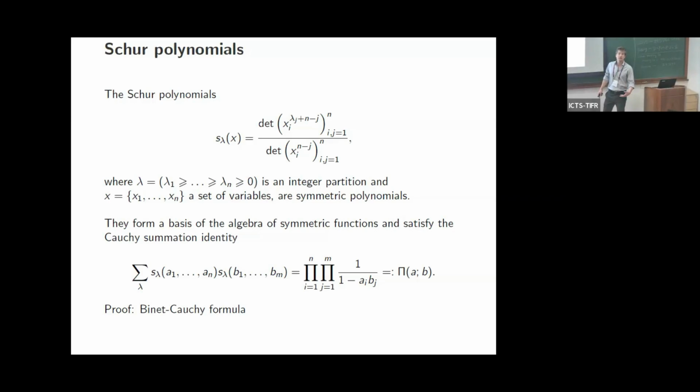And s_lambda of x can be defined as a ratio of two determinants. On top, I have the determinant of xi to the power lambda j plus n minus j. And in the denominator, I have a very well-known determinant. This is the Vandermonde determinant. So it's known that the denominator is just the product over all i less than j of xi minus xj.